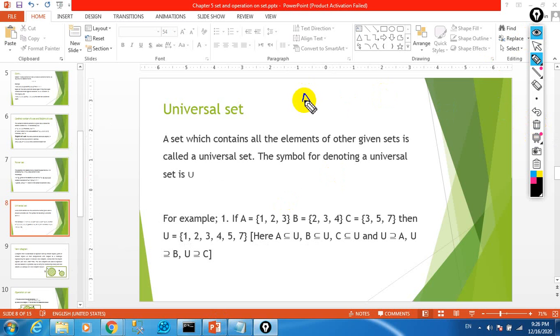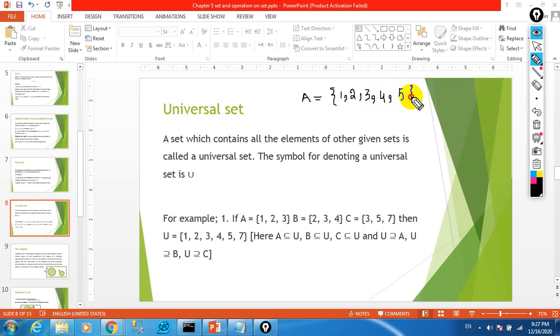For example, set A is equal to 1, 2, 3, 4, 5.